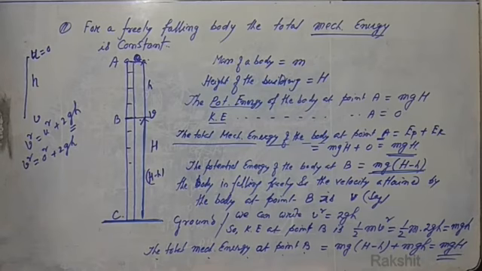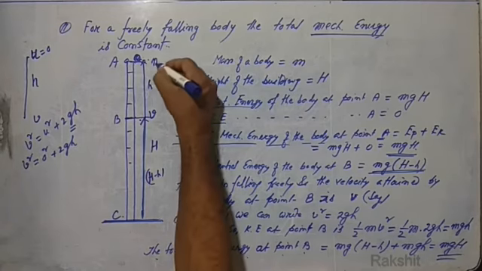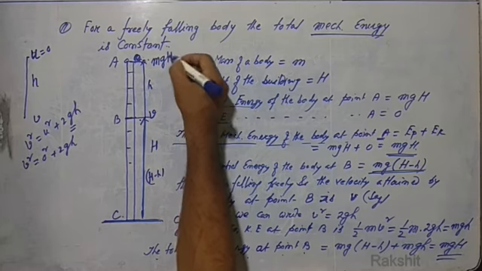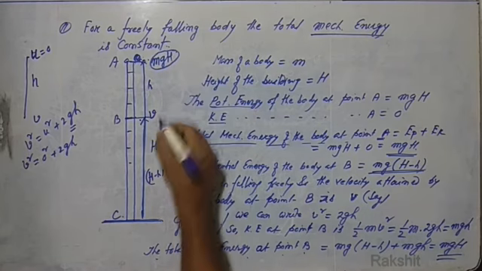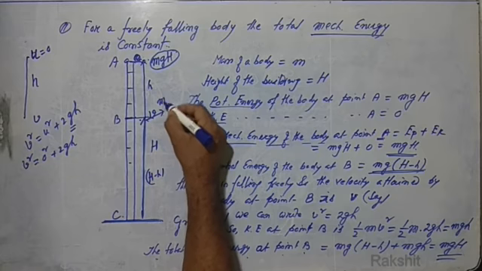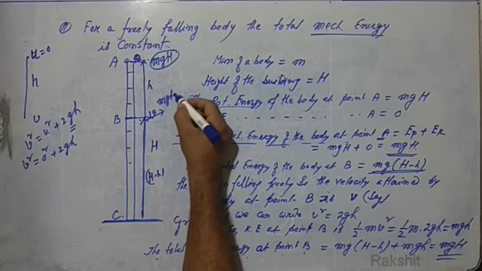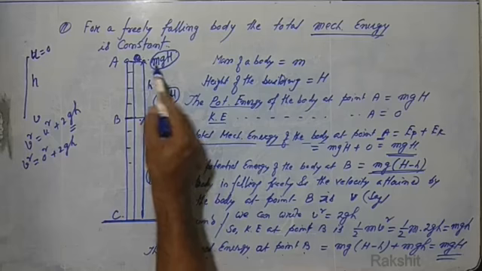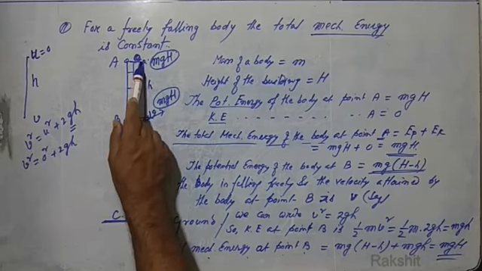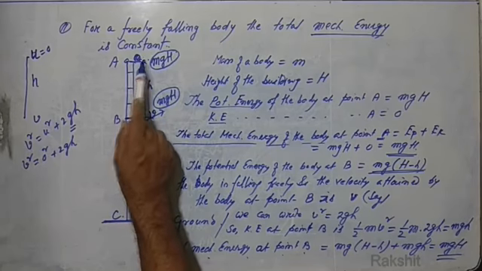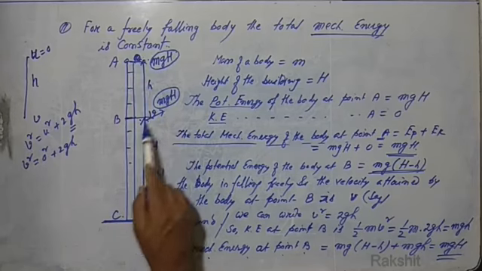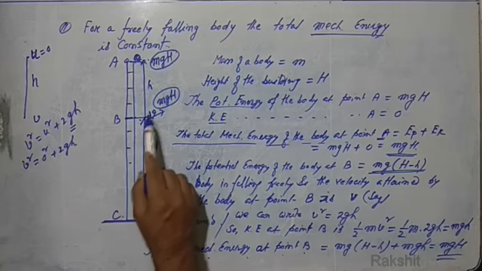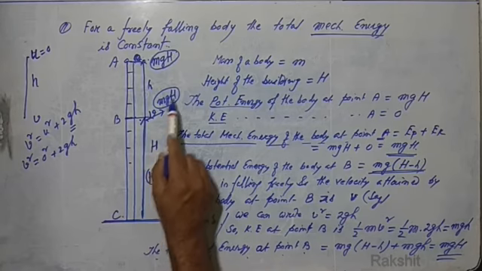So we can say the total energy at point A is equal to mgH, and at these points also the total mechanical energy is equal to mgH. That means no loss of energy.